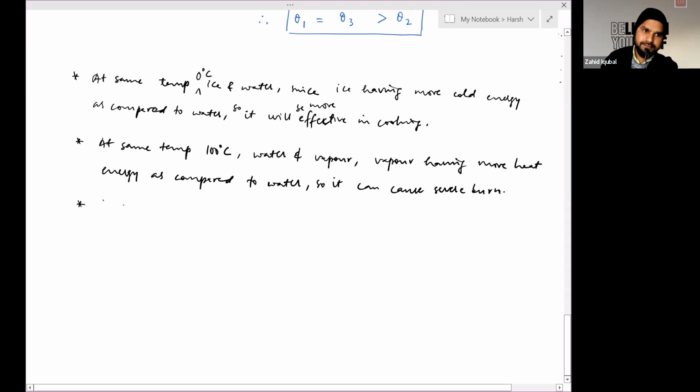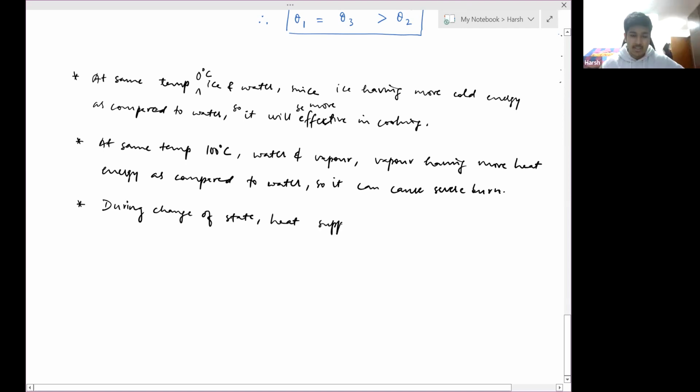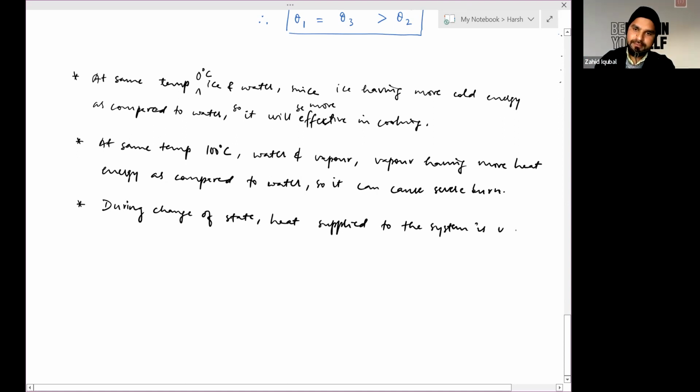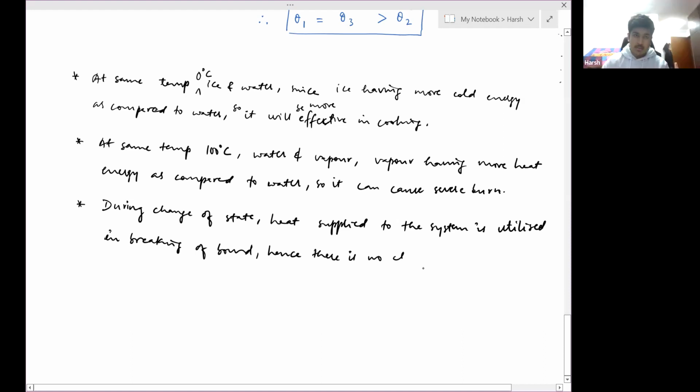So during change of state, the heat energy supplied to the system is utilized in breaking of bonds. Hence, there is no change in temperature.